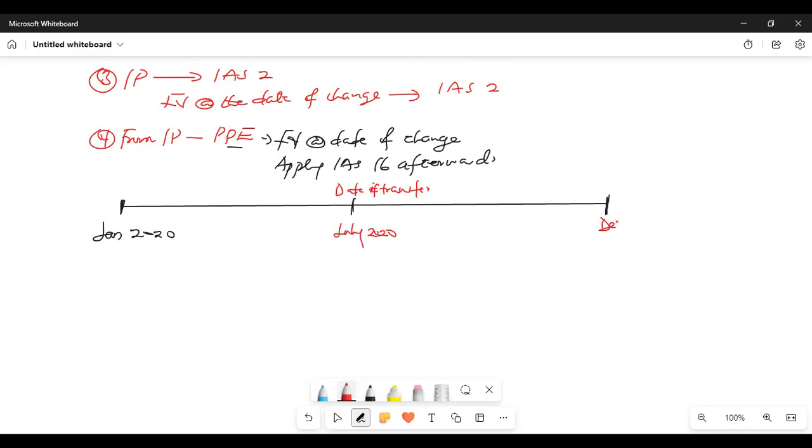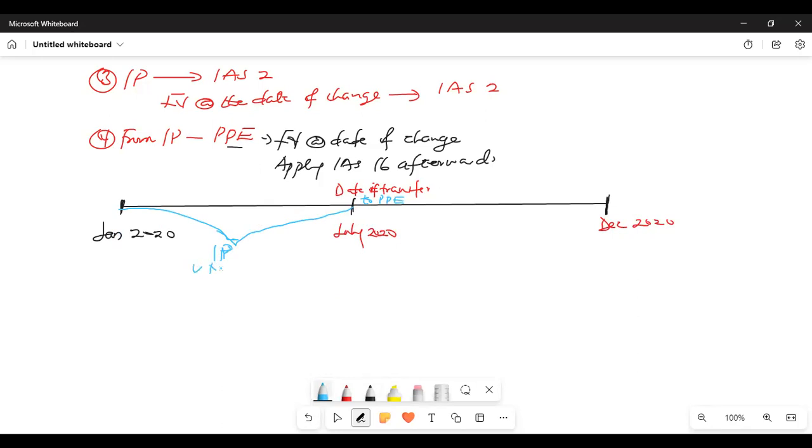And let's say this is December 2020. Now, at this date of transfer, let's say I'm transferring it to PP. From this date up to this date, the thing is an IP.